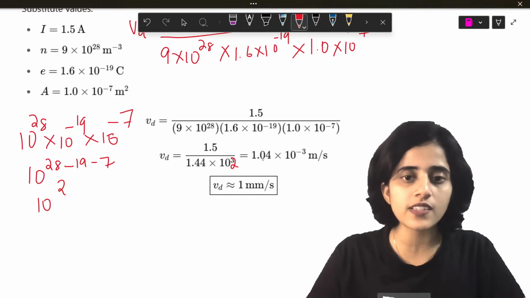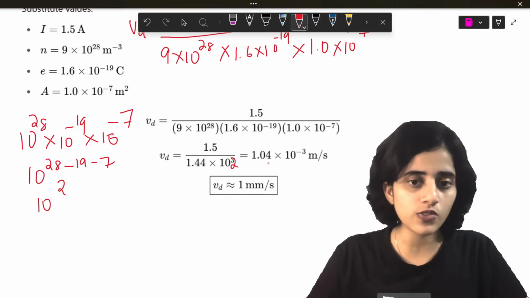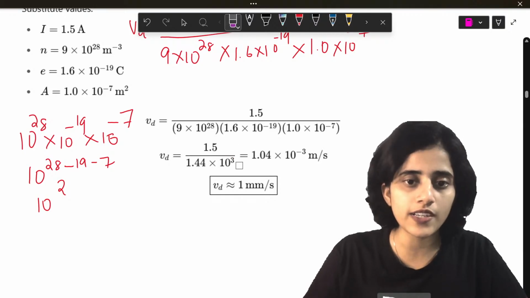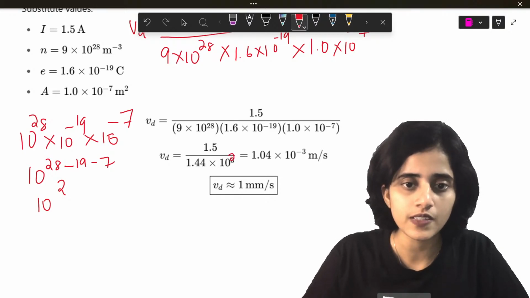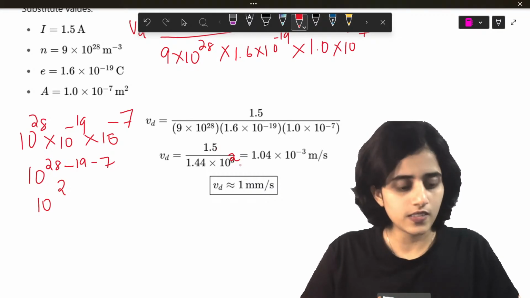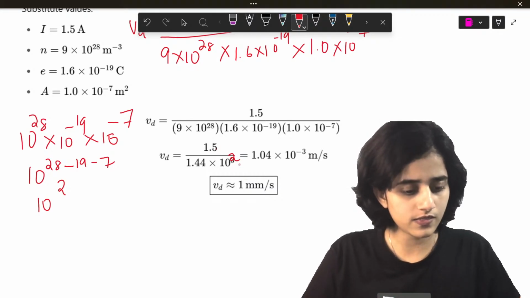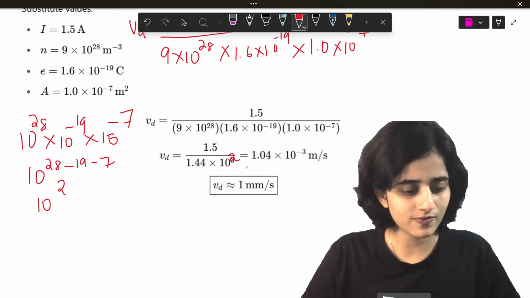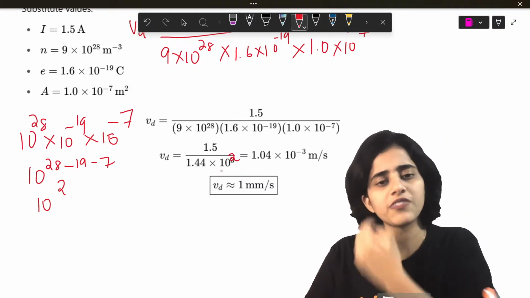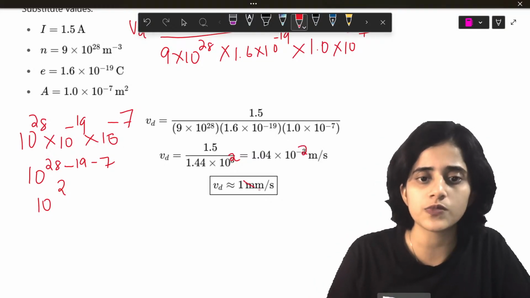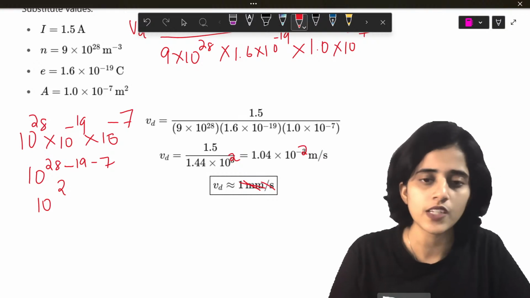Harshita, are you getting this would be 10 raised to 2? Are you getting it like that? 10 raised to 2. And then see, if you do 1.5 by 1.44, this would be 10 raised to 2.